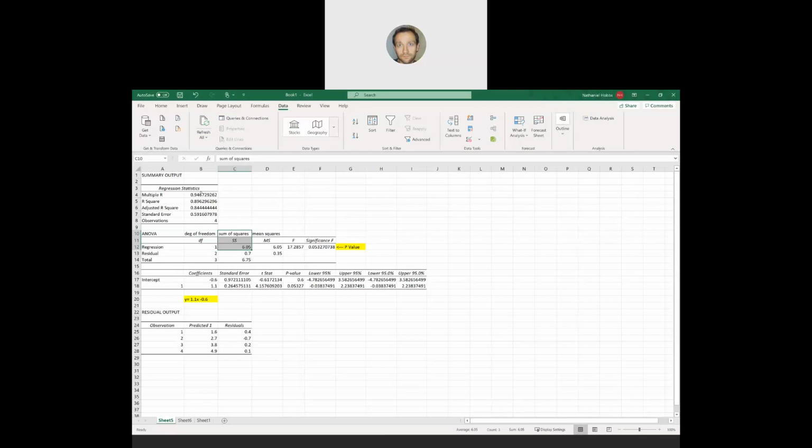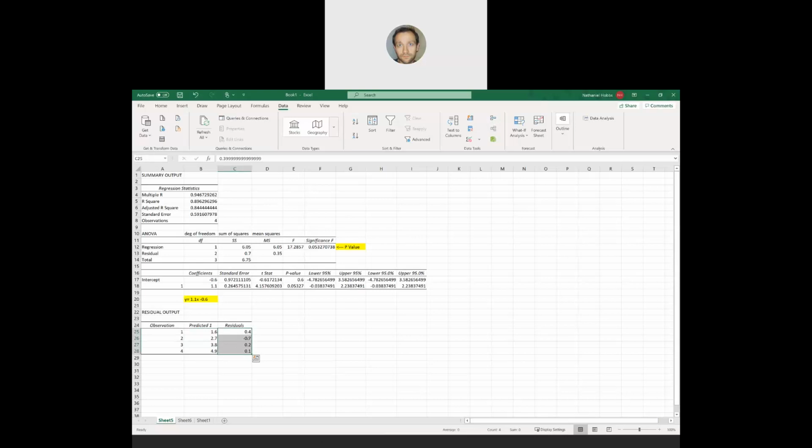Okay, so the only other thing are these. Oh, down here, this is really easy. So there are 4 points. This is what the line would have predicted, and then this is how incorrect it was.